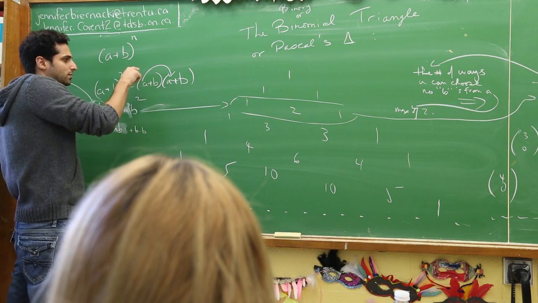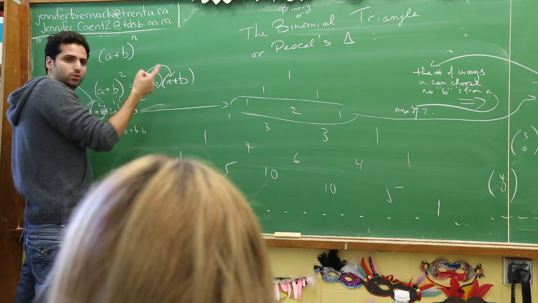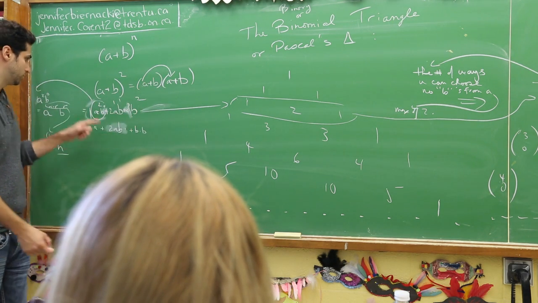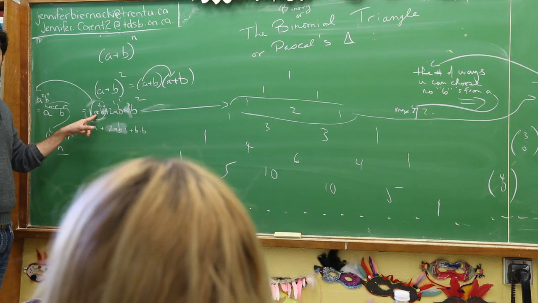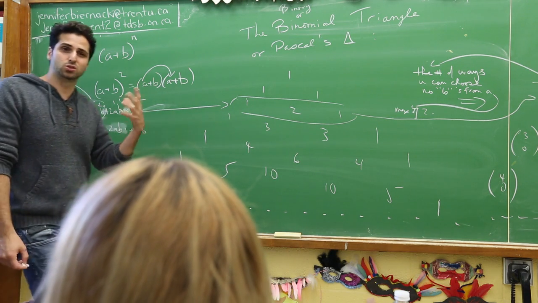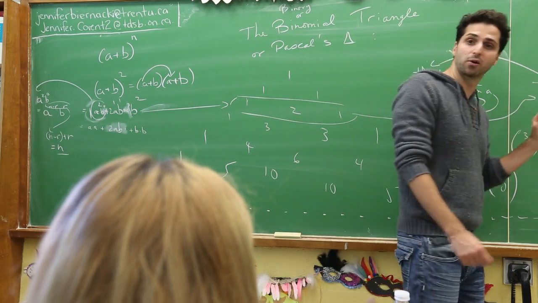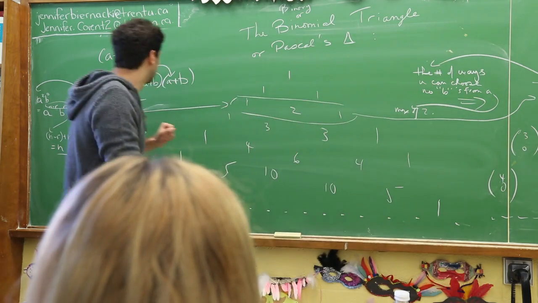If you start here, you can say, I can create a term by going this by this. That first move gives you that first term, which is a squared. That involves choosing 2 a's, but we're defining things in terms of the number of b's that we choose.